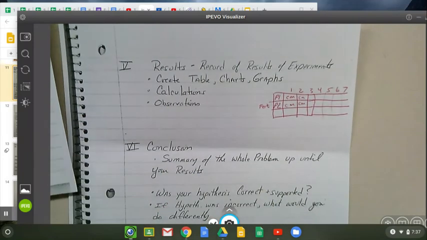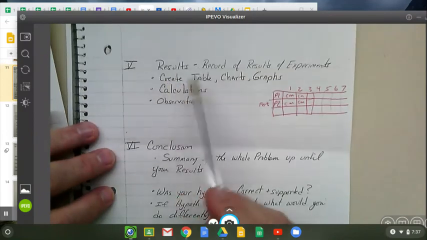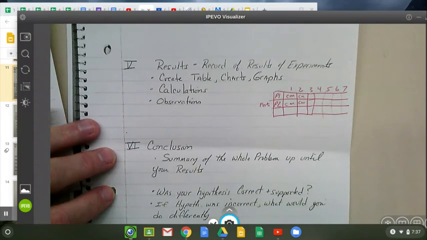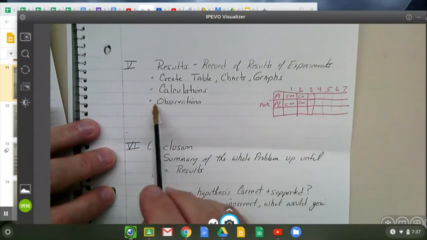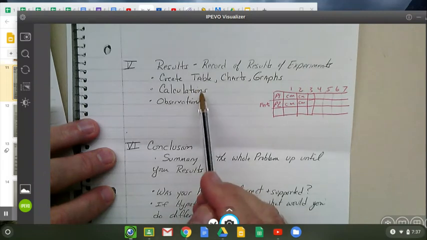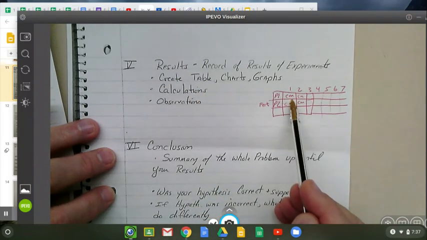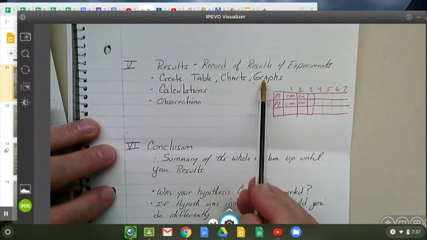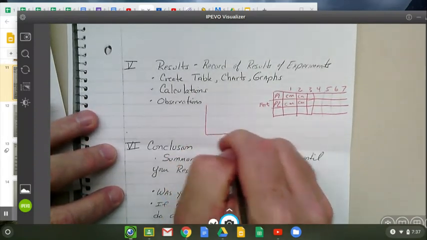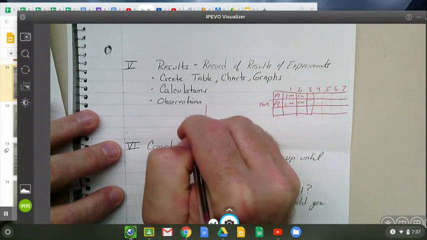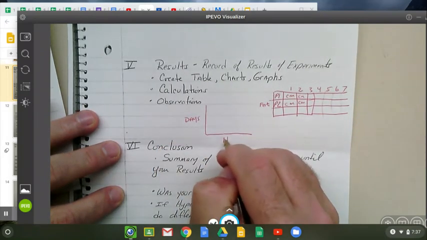Depending on the experiment, you would set it up so that this is a good visual representation of what just took place, either by writing out general observations that you've made, or any calculations. Calculations would be the measuring of the height of the plant. You could create a table or a graph. We could even create a graph where we have the days of the week and the height of the plant.